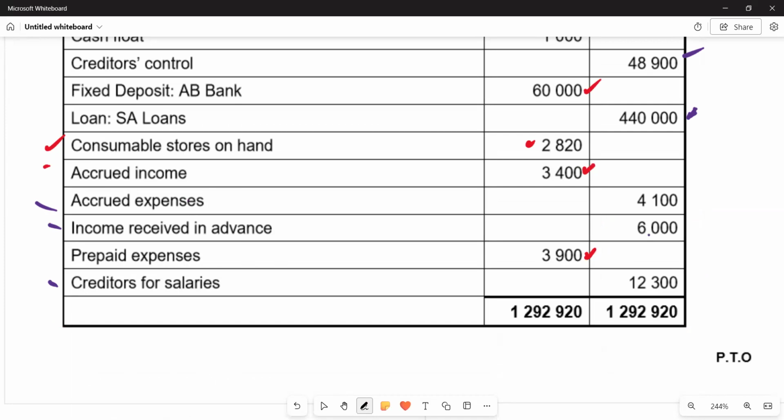Remember, salaries is an expense, and when it's a creditor for salaries, it means there are salaries that haven't been paid, of 12,300. We are also supposed to include them. So let's take note of them. So we have four elements of trade and other payables. We have 48,900. We are going to add our 4,100. We are going to add our 6,000, and then we add again 12,300. So we go there.